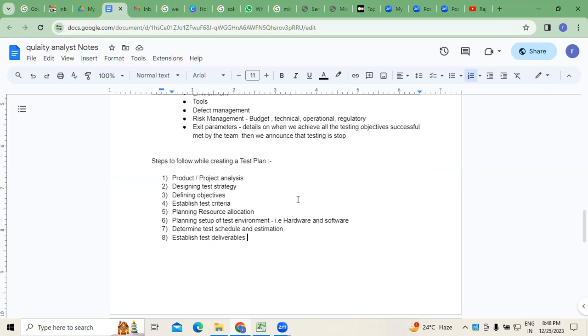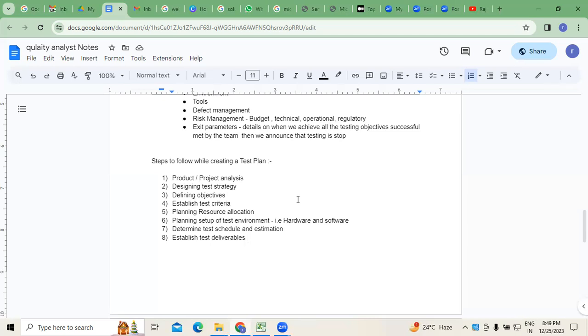What must be the test strategy that has to be mentioned there? That is a roadmap, I can say. Next, defining objectives. Testing objectives have to be defined. Once the testing objectives are met, the exit parameters relate to that. I have explained that earlier. Next, establish test criteria. What must be the criteria to do the testing? That we have to decide.